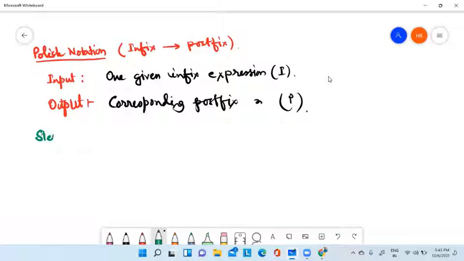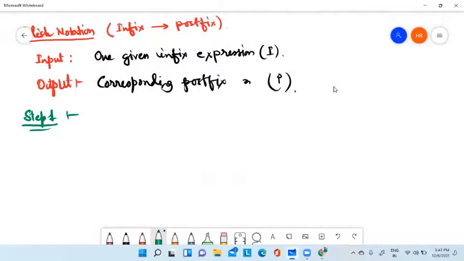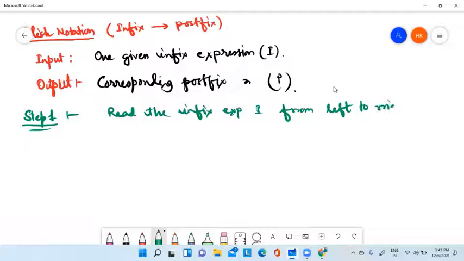Step 1. What do we have to do in step 1? If we have any infix expression, we read the infix expression I from left to right, one character at a time.